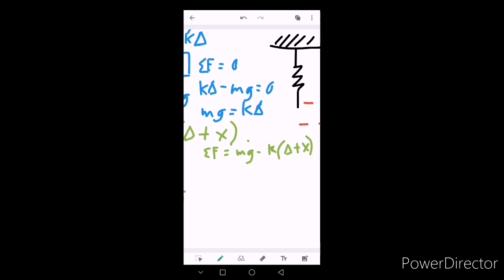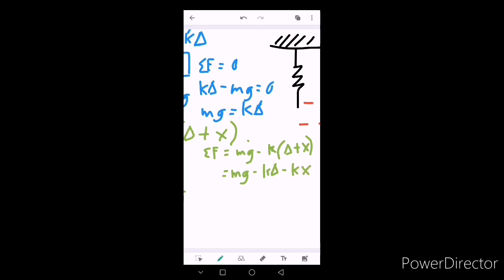If we expand this, you would get mass times gravity minus k delta minus kx.